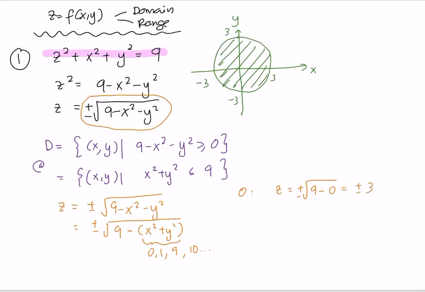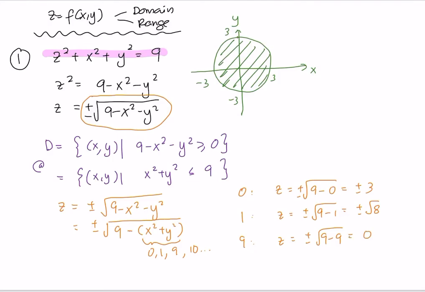Let's say you have 1. Then the z value will be plus minus the square root of 9 minus 1, which is the square root of 8, less than 3. Then let's say you choose 9. You'll have z equal to plus minus the square root of 9 minus 9, which is 0.